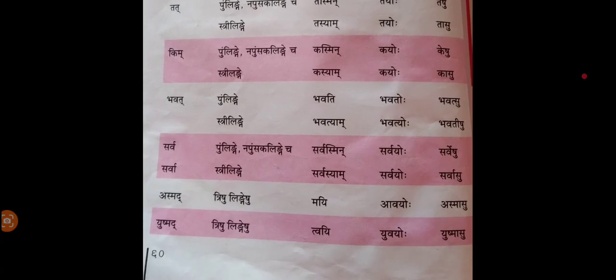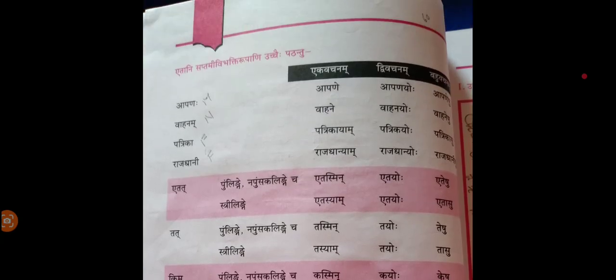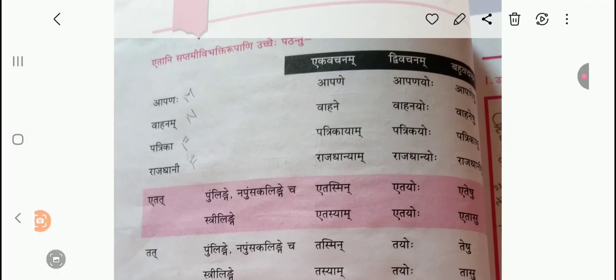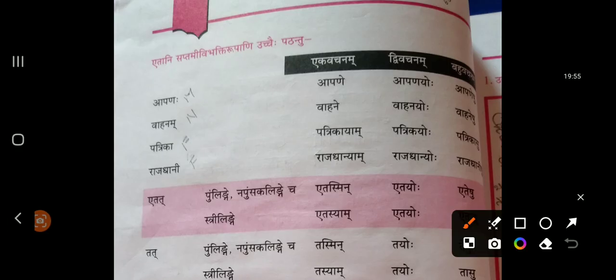So for everything, you can do one thing. Obviously you can't memorize each and every word, right? There will be a few lakhs of words in your textbook. So everything you can't memorize. What you can do is, see here.